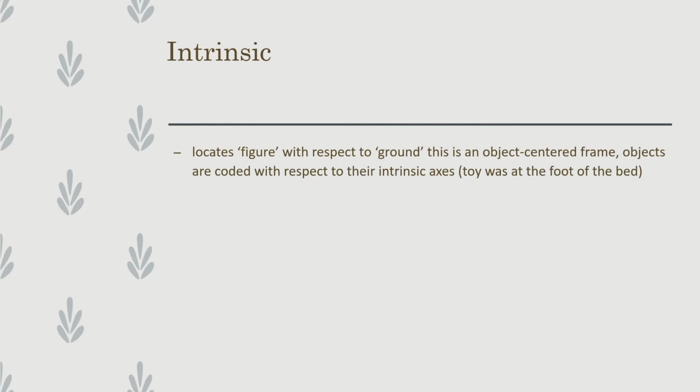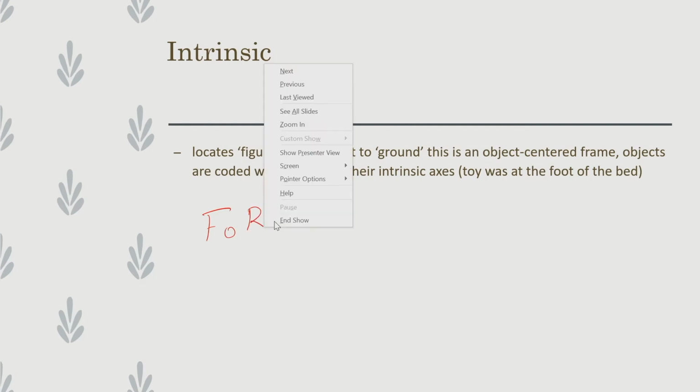The primary image schema with respect to space is different in these two frames of reference. They are called FOR. This is how it is written, frame of reference, F for frame, O for of and reference. There is a third kind of frame of reference as well, which is called intrinsic.